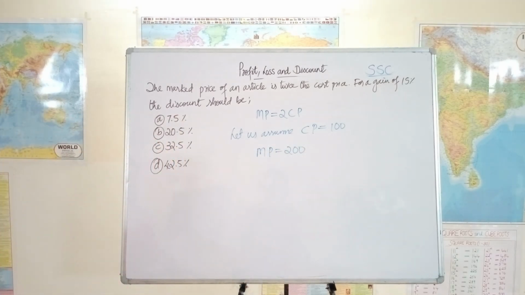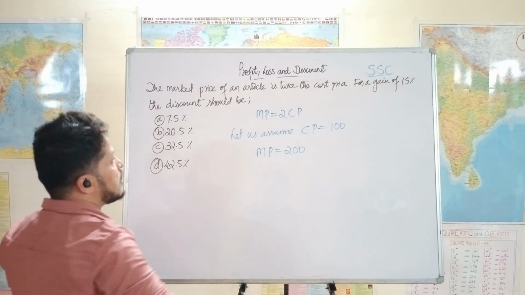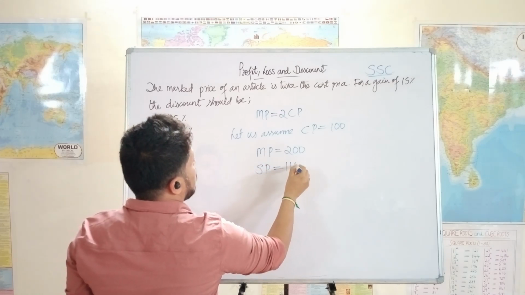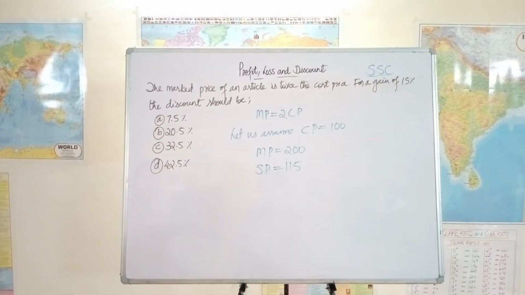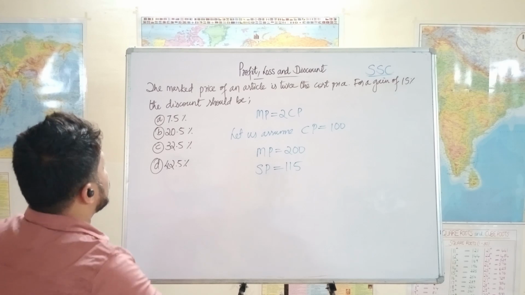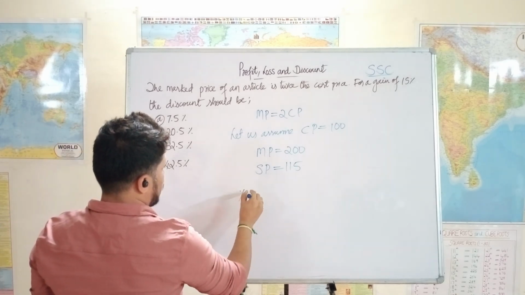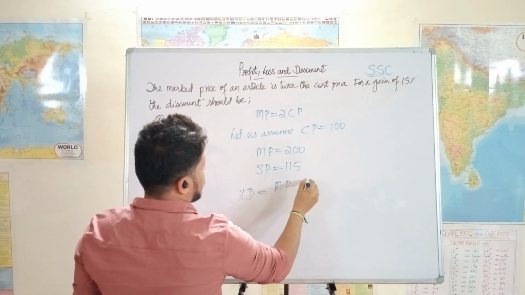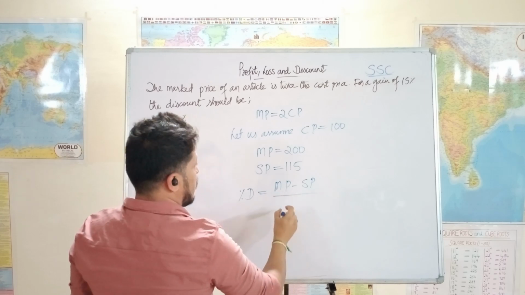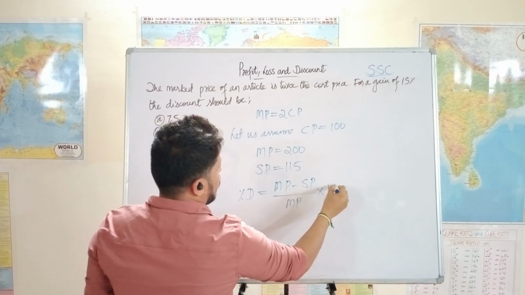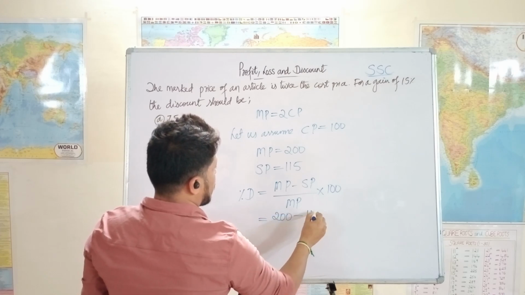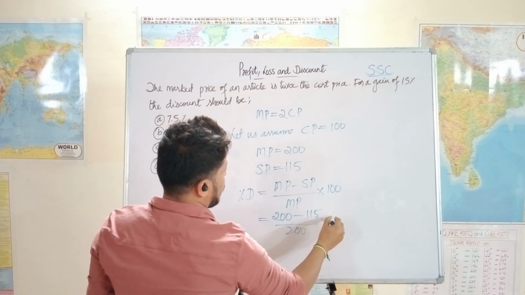And for the gain of 15%, the discount should be how much? For the gain of 15%, the selling price must be what? Selling price must be 115, because cost price is 100, right? And what should the discount? Percentage discount is equal to mark price minus selling price divided by mark price into 100, which is equal to 200 minus 115 divided by 200 into 100.